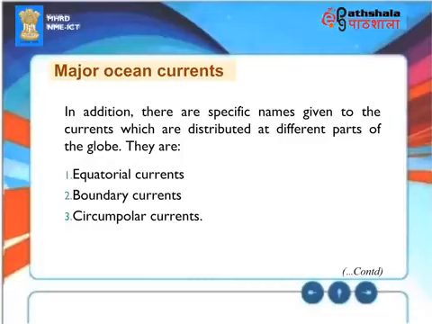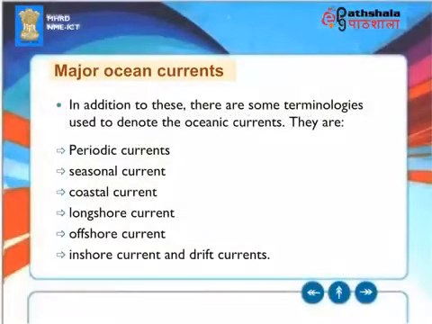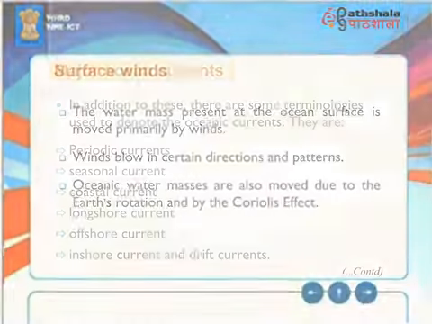They are Equatorial Currents, Boundary Currents, Circumpolar Currents. In addition to these, there are some terminologies used to denote the oceanic currents. They are periodic currents, seasonal current, coastal current, longshore current, offshore current, inshore current, and drift currents.